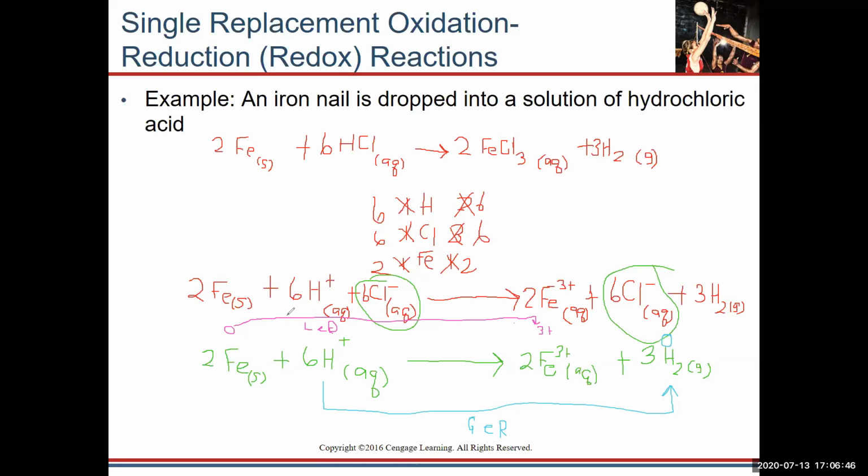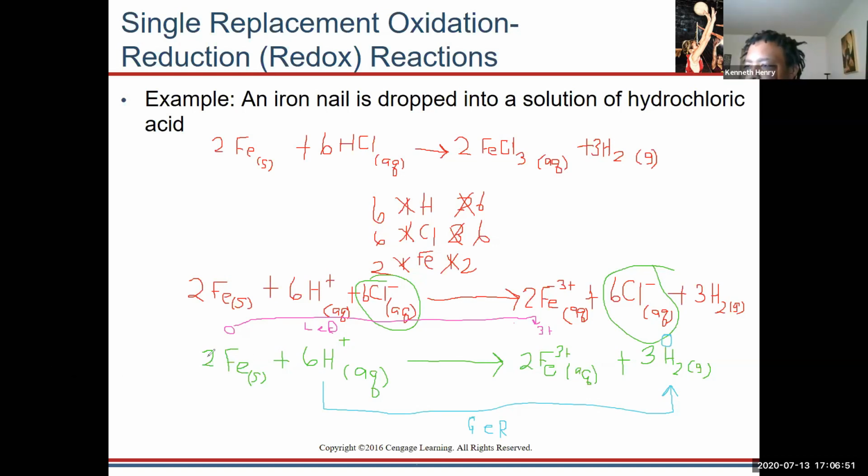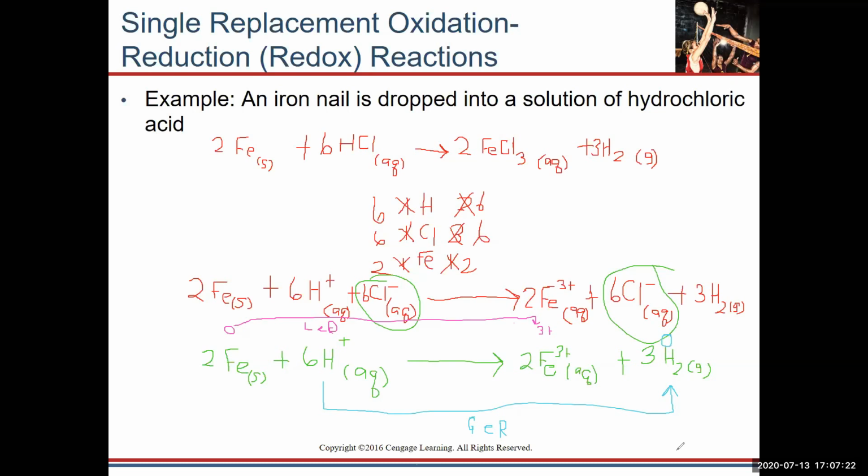Okay, this is the final answer for the total ionic equation, but we know that iron is being oxidized and hydrogen is being reduced. Questions, concerns? You want to try one more? Yes. Okay.